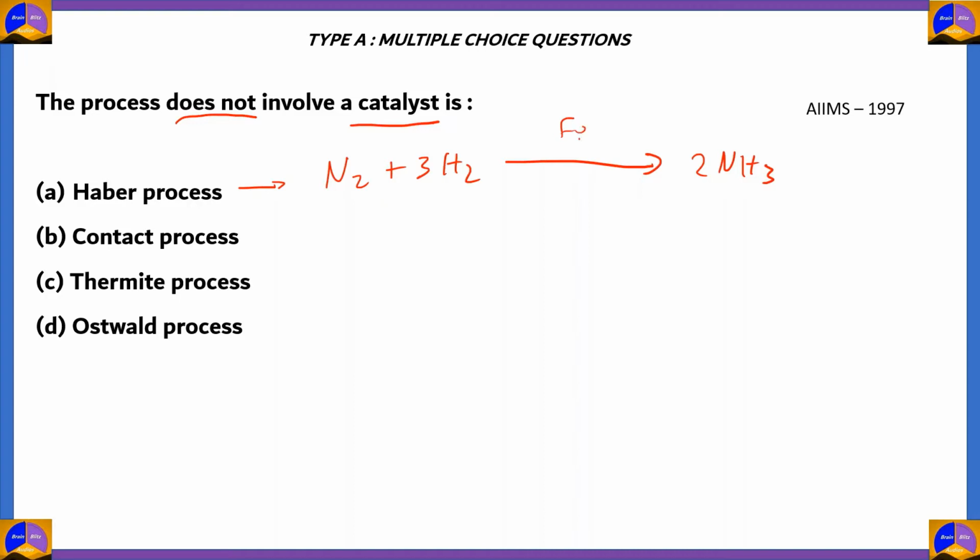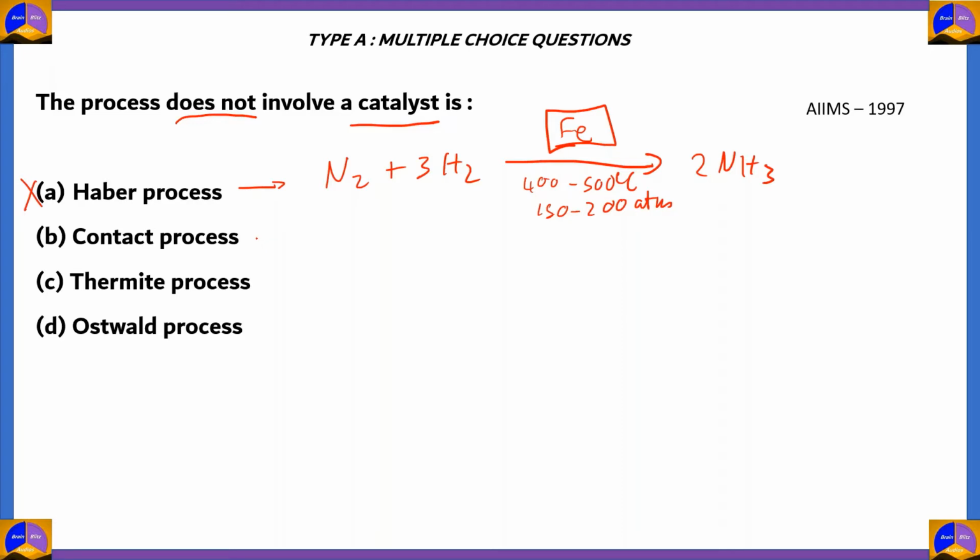And this takes place in the presence of iron at 400 to 500 degrees Celsius and 150 to 200 atmosphere of pressure. So the iron acts as your catalyst. Iron increases the rate of this reaction. Therefore, option A, Haber's process, is incorrect because it has a catalyst, which is iron.